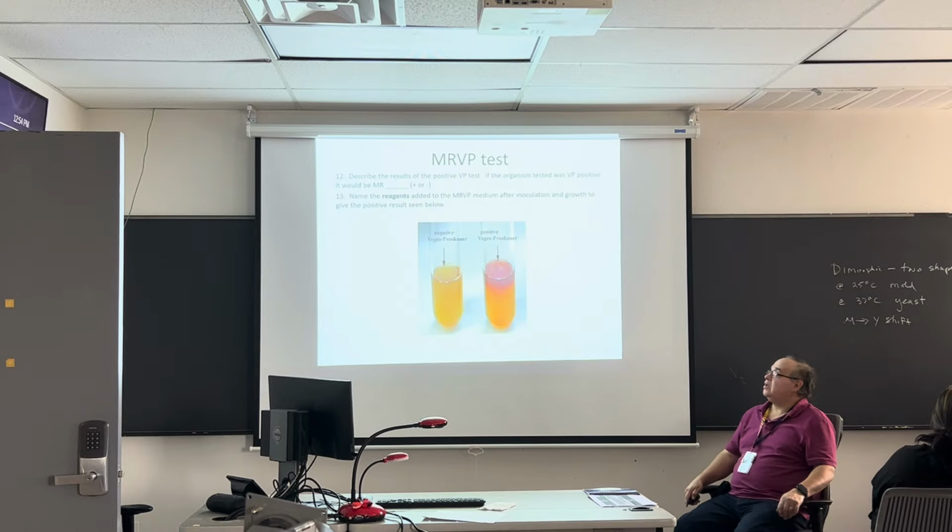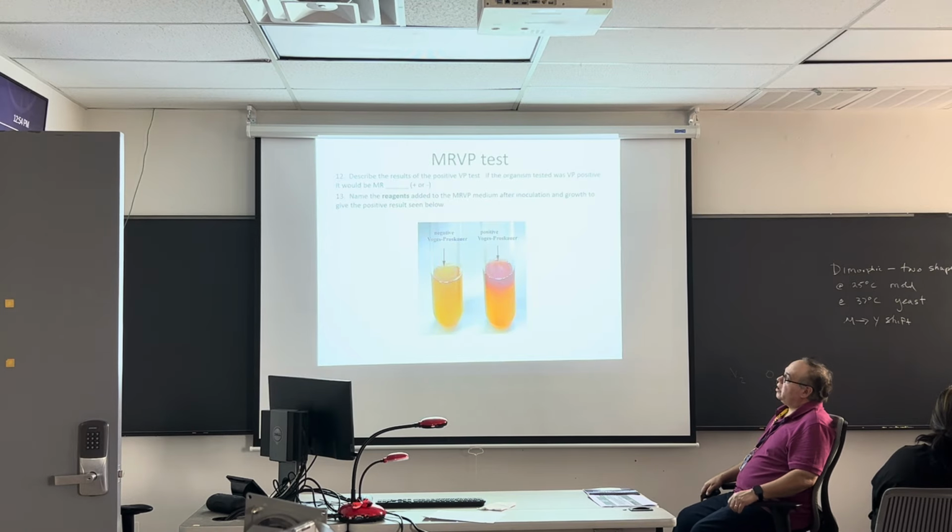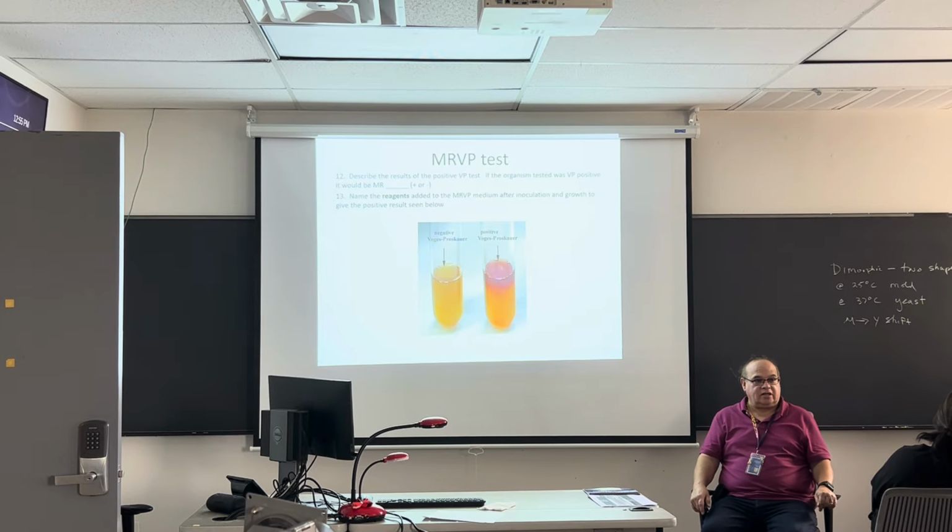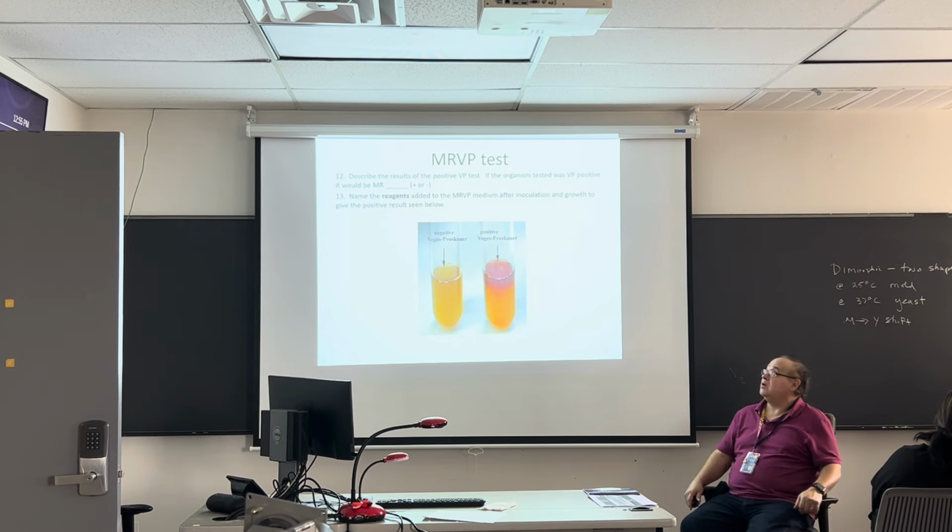Okay? This is the VP portion, right? So what does a positive VP test look like? It's red, but it's very, very deep red. It's almost a burgundy. Okay?